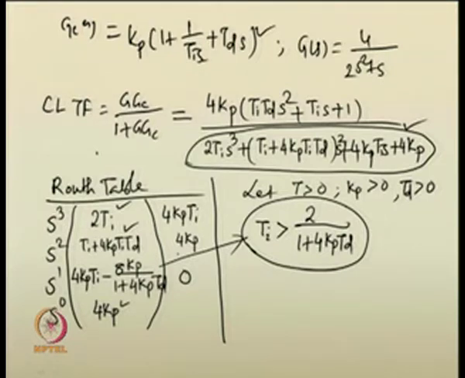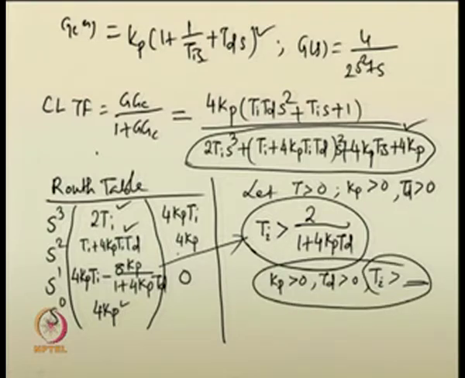Now, with the choice of Kp greater than 0, Td greater than 0, obviously one can get some constant on Ti. Ti is greater than some value. If this condition is met, certainly we will get a stable response from the closed loop system.